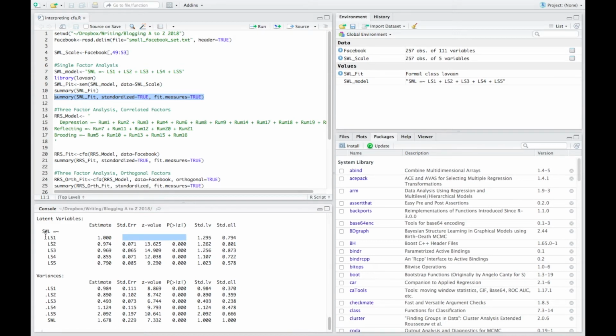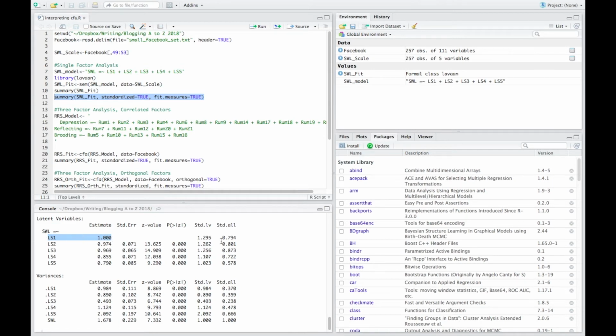So what people recommend is either to fix the first indicator onto the factor with a factor loading of 1, which is the default for most programs, or to fix the indicator that you think is the strongest measure of that factor at 1. And then the other factor loadings are estimated based on that. It looks like in this case that this one, if it wasn't our strongest, was one of our strongest.